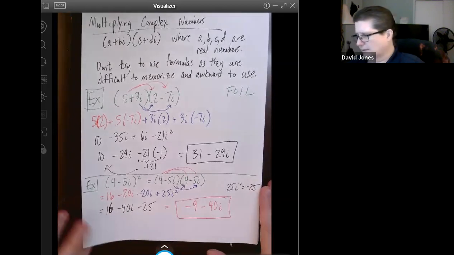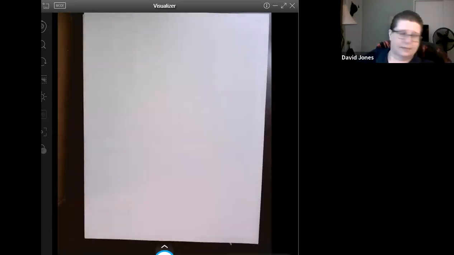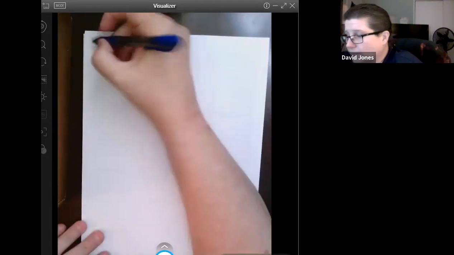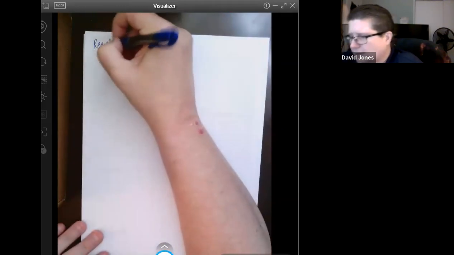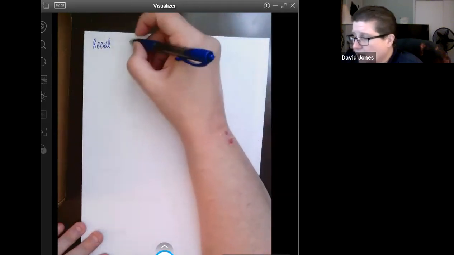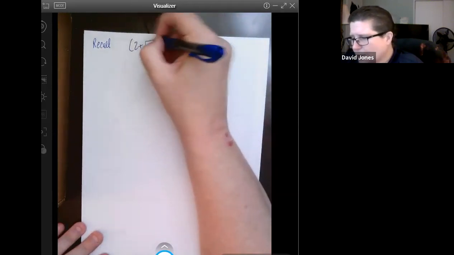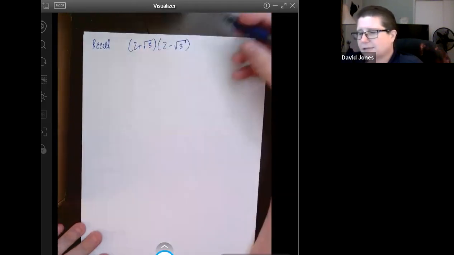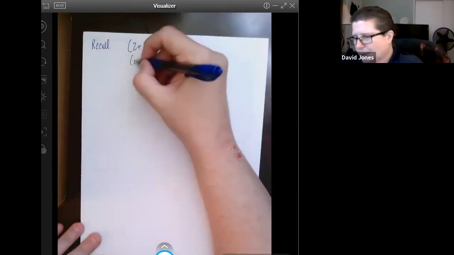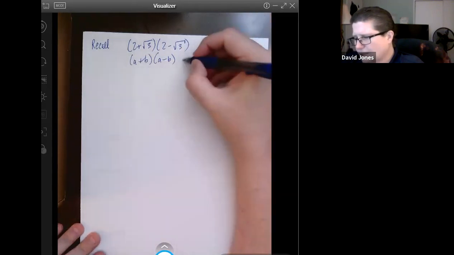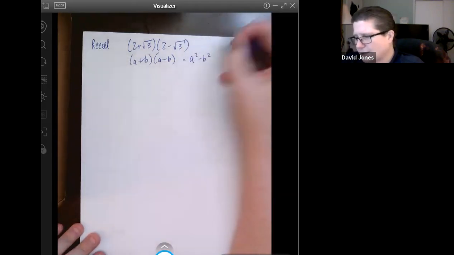All right. Next example. This is going to lead to an idea real quick. Let's recall, if I had, let's say, 2 plus the square root of 3 times 2 minus the square root of 3, this is like a plus b times a minus b, which equaled a squared minus b squared.